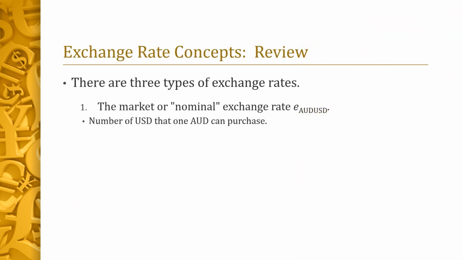In the Exchange Rate Concepts video, we learned that there are three types of exchange rates. The nominal exchange rate between the Australian dollar, or AUD, and the US dollar, or USD, equals the number of US dollars that you can purchase in return for one Australian dollar.